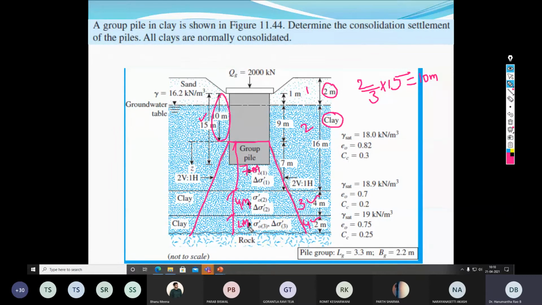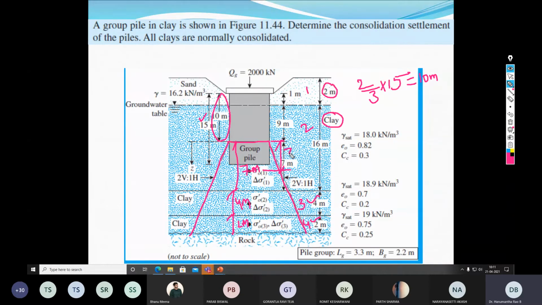Okay, so this is another conclusion. Now, since only 7 meter out of 16 meter is undergoing the consolidation, from the philosophy of soil mechanics, you know that the consolidation settlements are calculated at the middle of each layer.